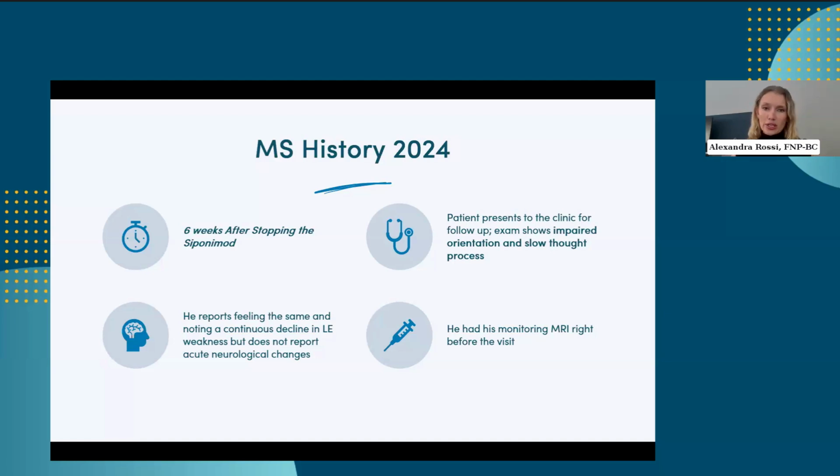I get him in for a work-in visit, direct him towards his MRI, and when he gets his MRI and comes to the visit, he says, I kind of feel the same. It's been this ongoing continuous decline in my lower extremity weakness, specifically on my left, the same old thing, but just really getting worse. He didn't say anything changed acutely, but says, I'm just overall not feeling as sharp, not feeling as well.